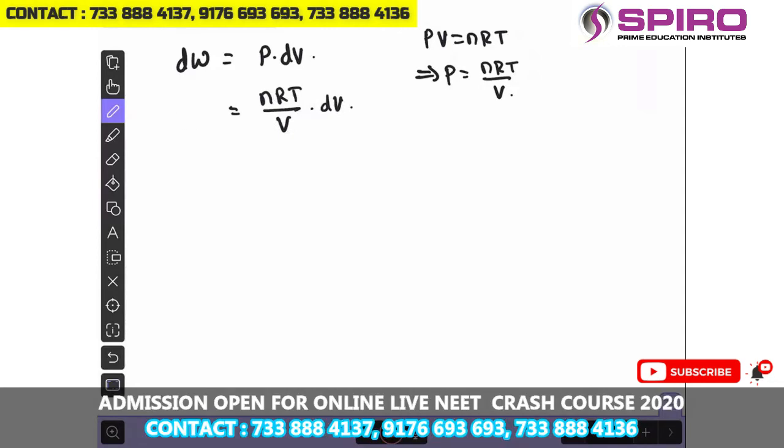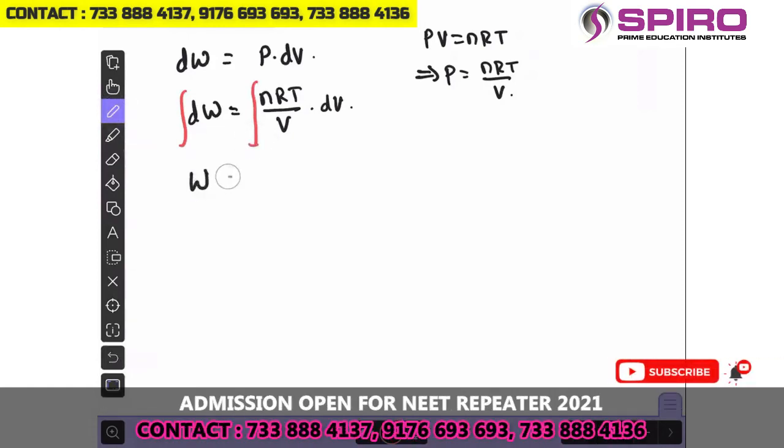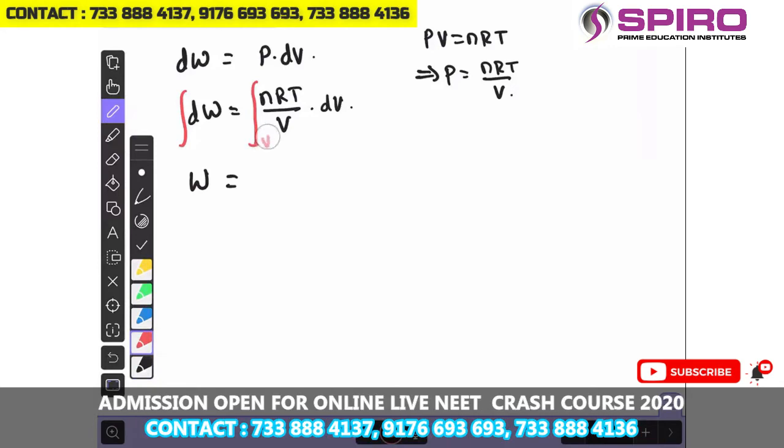Now let us take appropriate integrals on both sides. The integral of dW gives W, the isothermal work done, with volume limits from V1, the initial volume, to V2, the final volume.